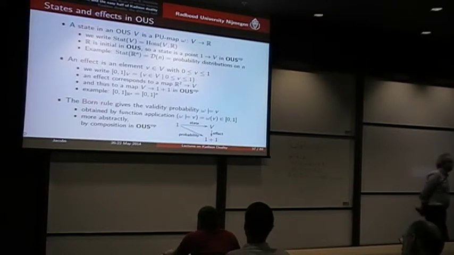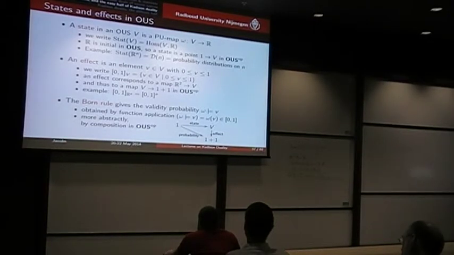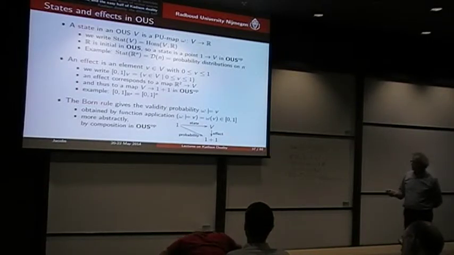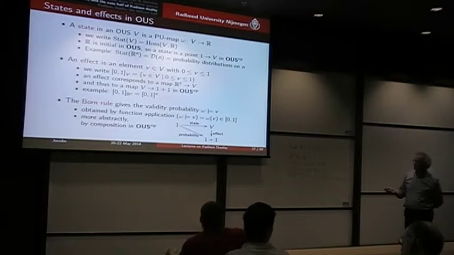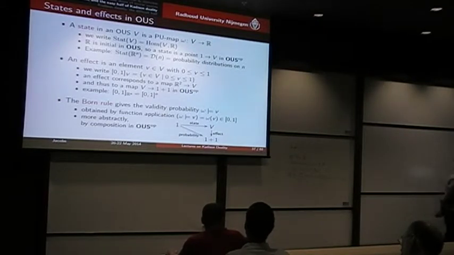You can talk about validity in this context. You call this the Born rule. You can speak about the validity of an effect v in a state omega, which gives a certain probability, and this probability is simply obtained, defined in this way, by function application.